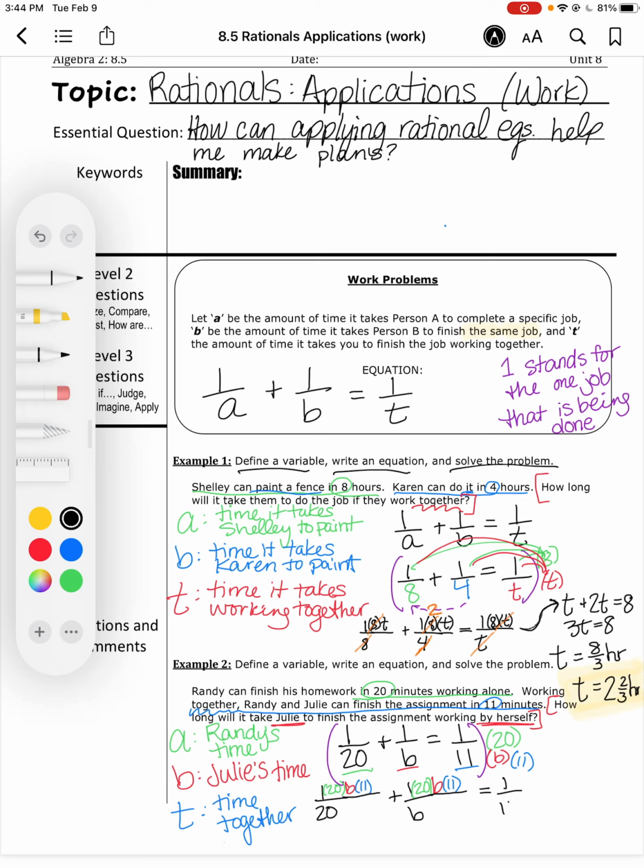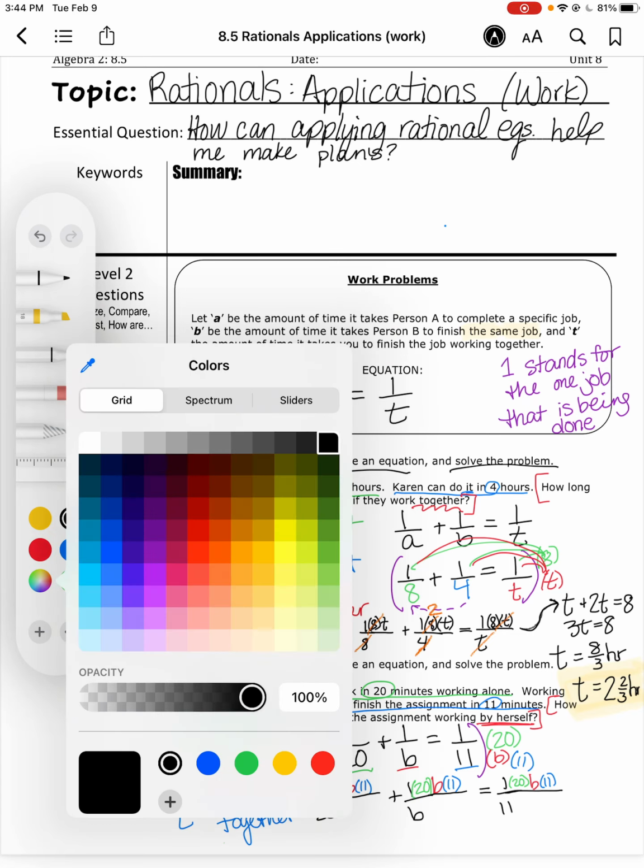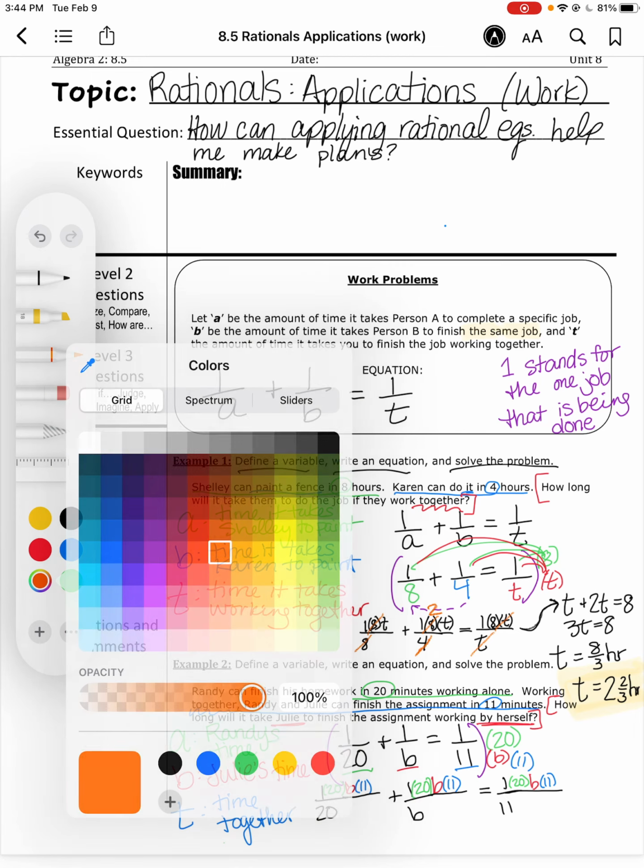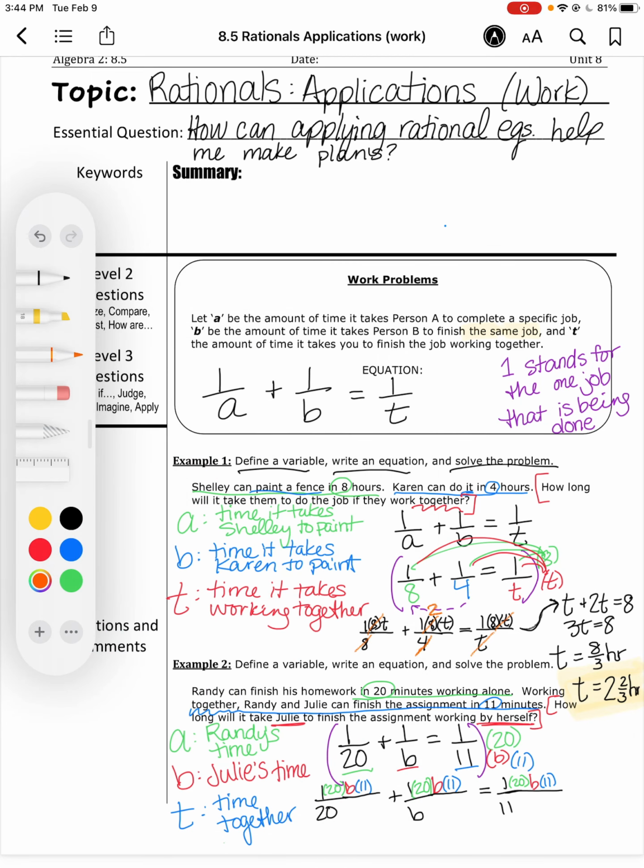And then 1 over 11, 20b 11. Now, there are ways that I kind of abbreviate problems, but since y'all are still learning, it is a great idea to just make sure that you show all the steps.